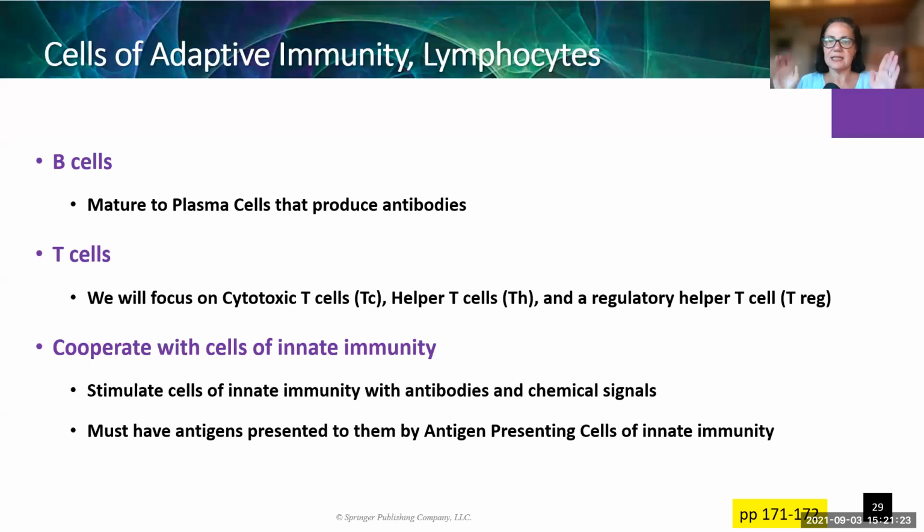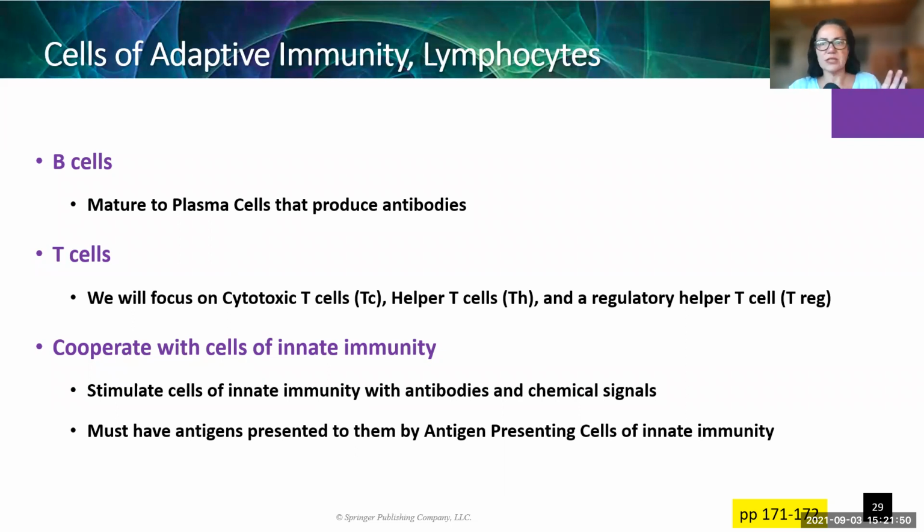B cells and T cells have structures on them that match very specifically to the shape of something that has come in from outside or something that's inside our bodies. Each B cell and each T cell has its own shape that it's sensitive to.